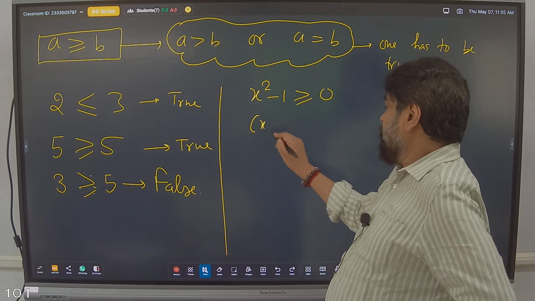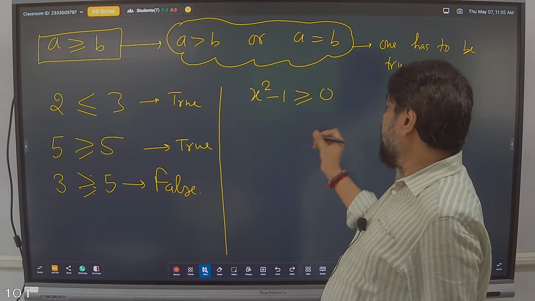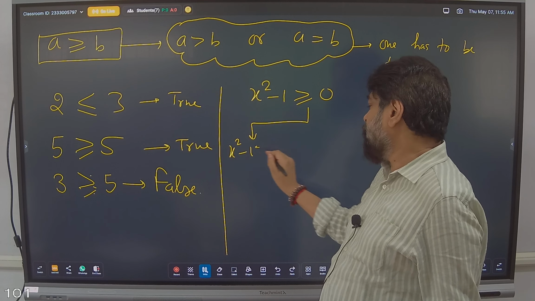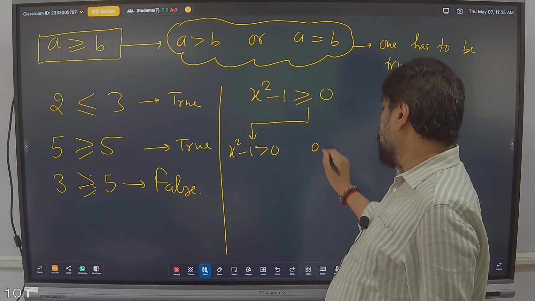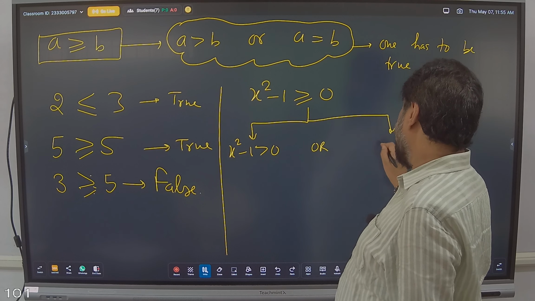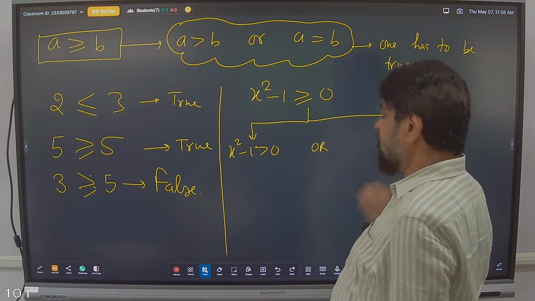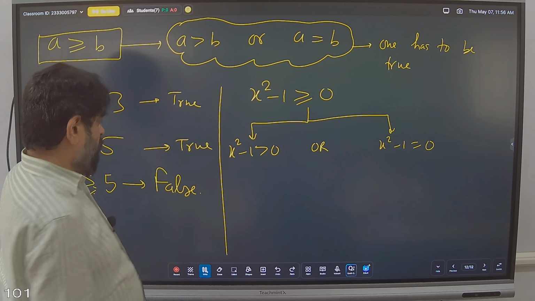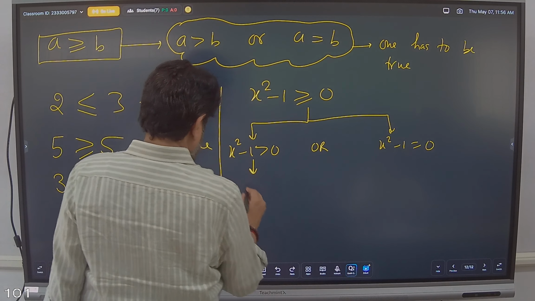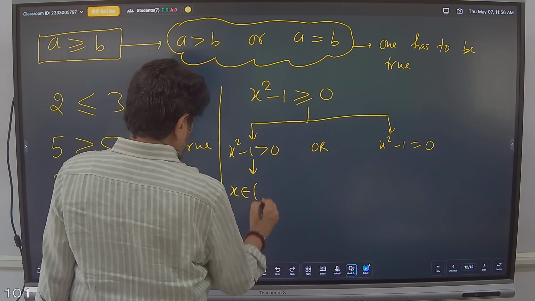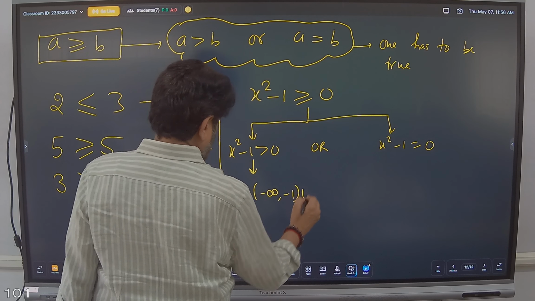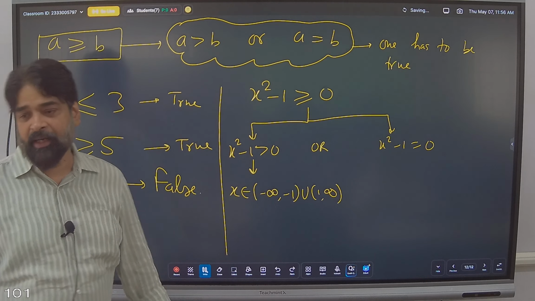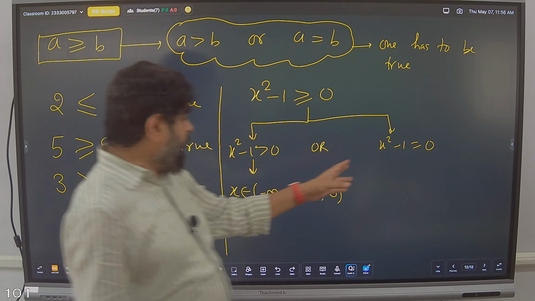Actually, can I say this question has two parts: x square minus 1 greater than 0, or x square minus 1 equal to 0? Yes or no? When this is true, can I write the direct answer: minus infinity to minus 1, union 1 to infinity? I just applied polynomial inequality. Are you getting my point? And can we solve this?